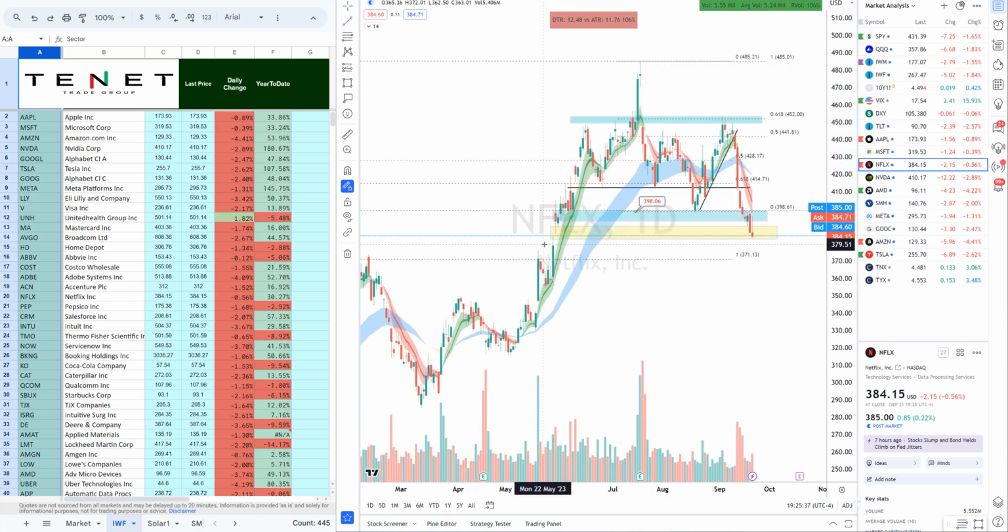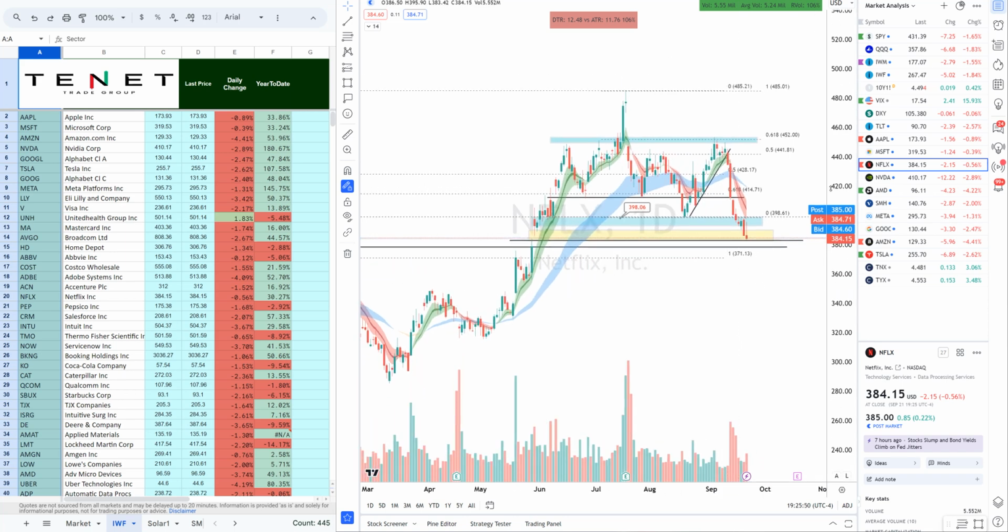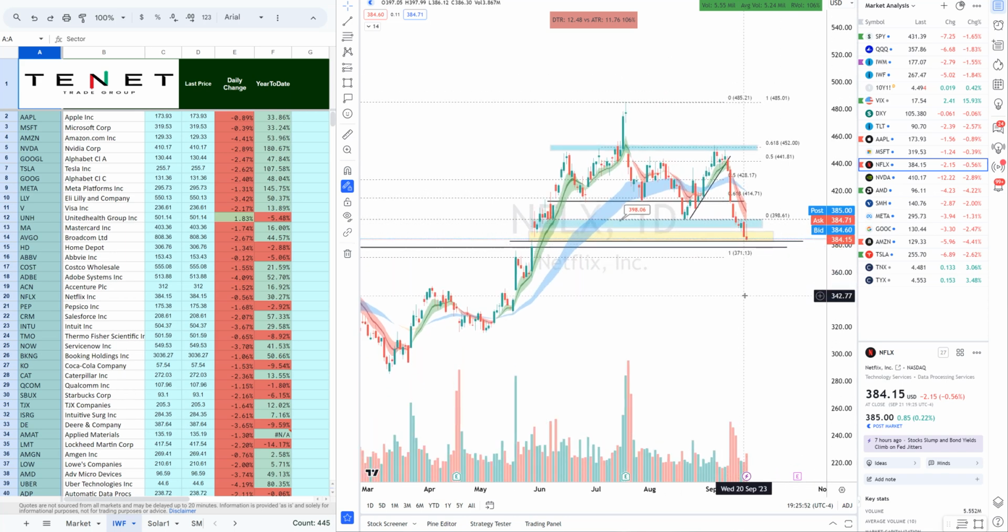So ideally we need this zone to hold, or on another fail in the market, Nvidia can break the 380s and can go further down. So definitely not a time yet to jump in. So these are the levels you need to watch.